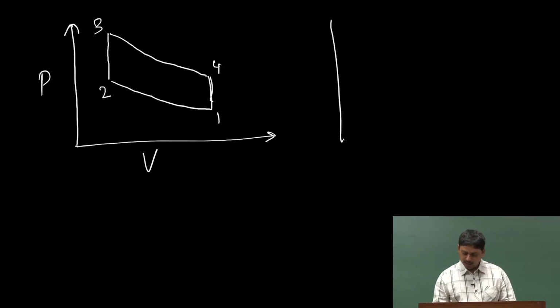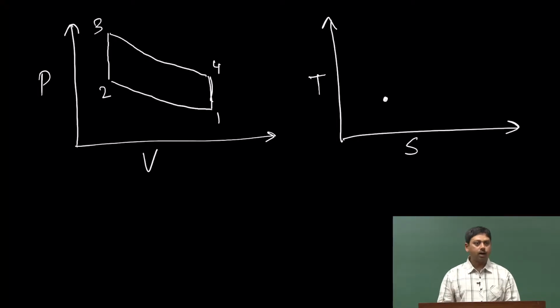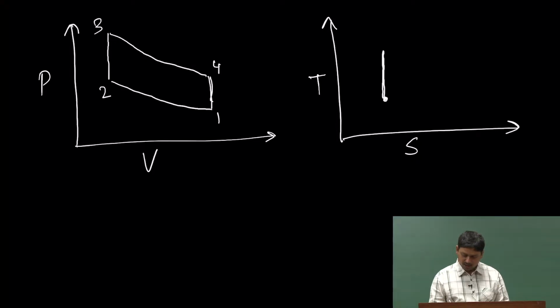When we write a TS diagram, 1 to 2 is an adiabatic step, adiabatic compression. What happens in an adiabatic compression? Since dq reversible is 0, entropy change is 0, which we have calculated also between 1 and 2, right. However, it is an adiabatic compression. So, therefore, temperature increases. Entropy does not change, but temperature increases.